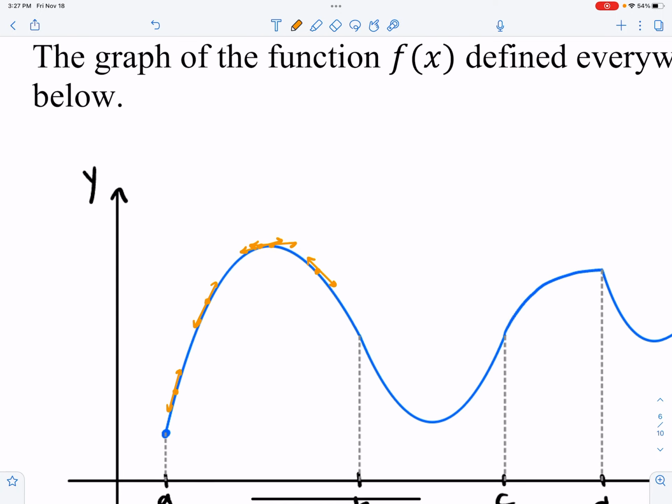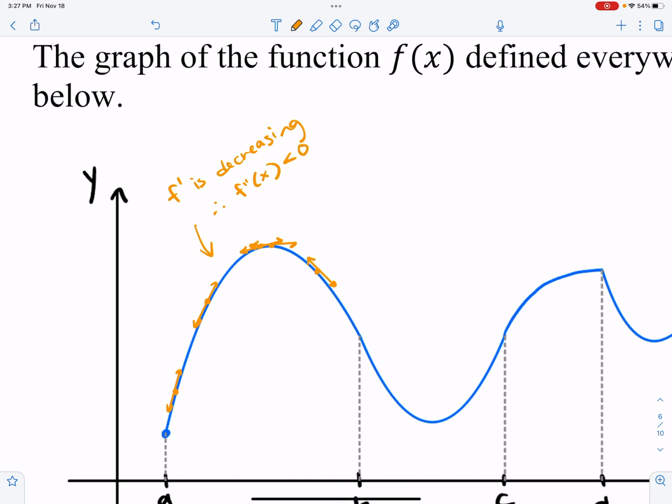So on that interval, we would be able to say that f prime is decreasing, which means that the slopes at the points on the graph of f prime would be negative, meaning that f double prime would be less than 0.